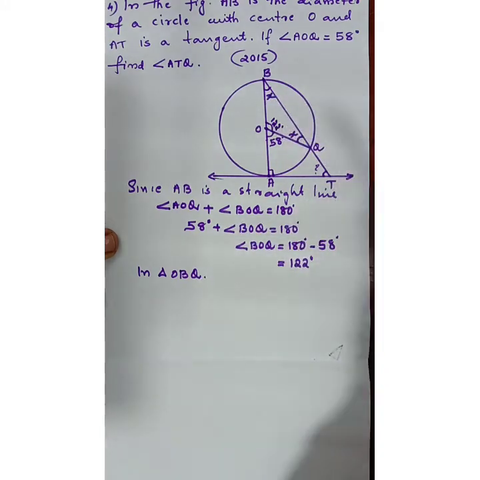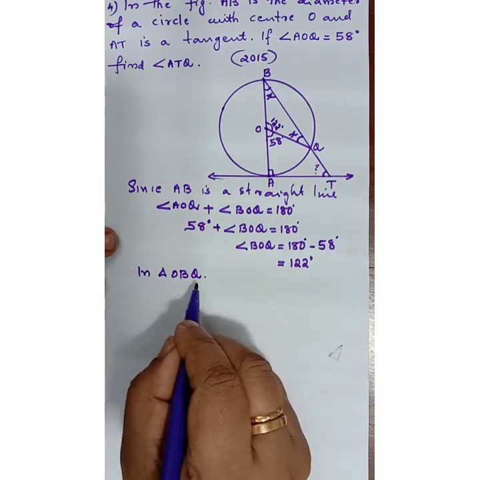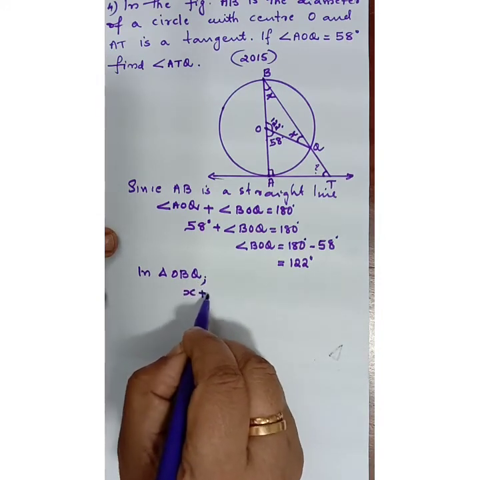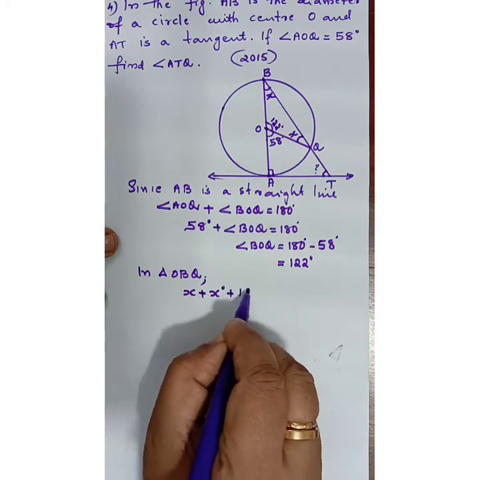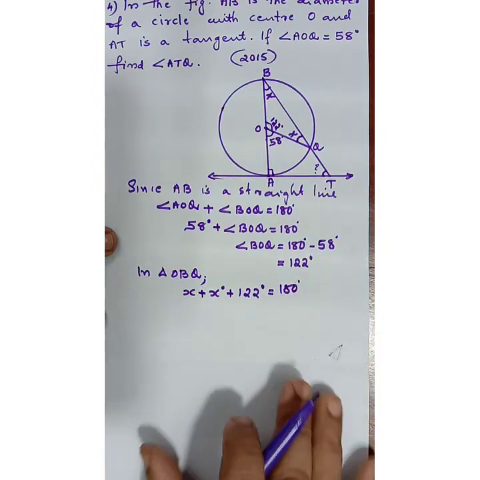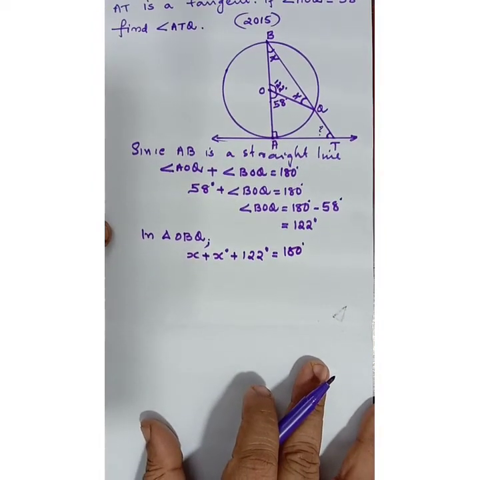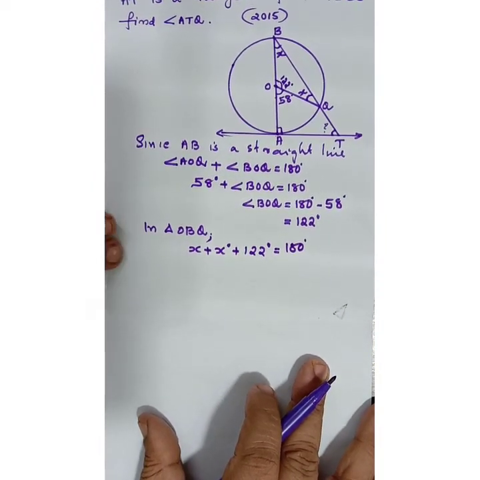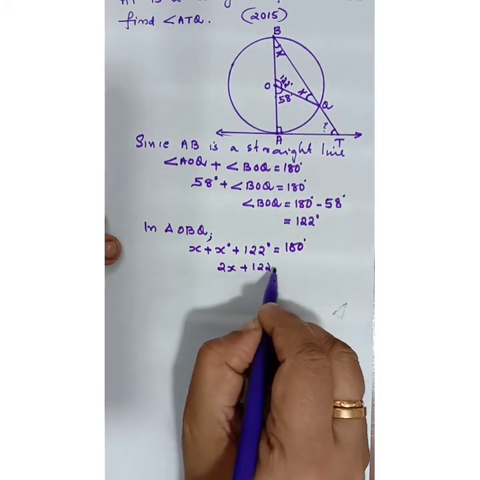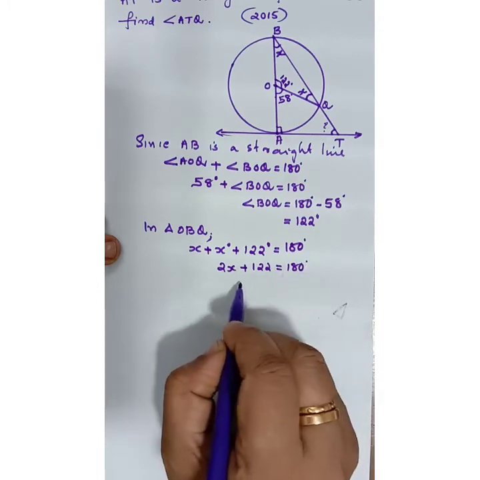That we will see from these steps. Okay. So let us take in triangle OBQ, x plus x plus 122 equal to 180 degree. I am writing all the steps. You don't want to lose any mark, that's why. So 2x plus 122 equal to 180.